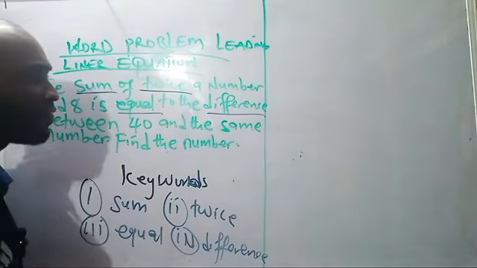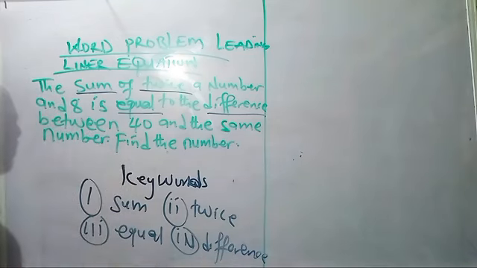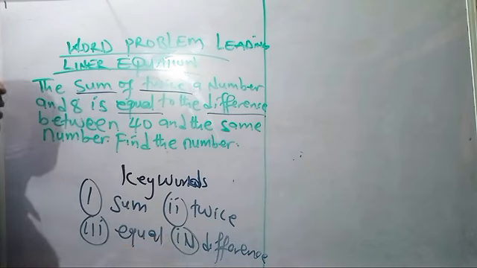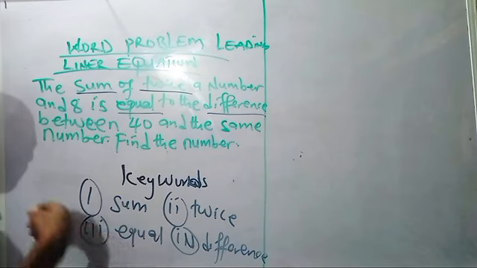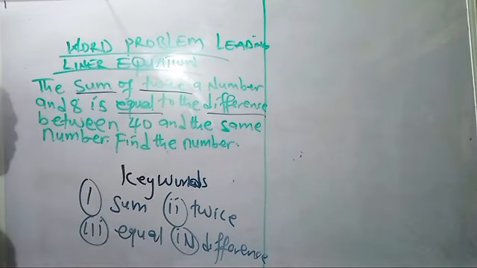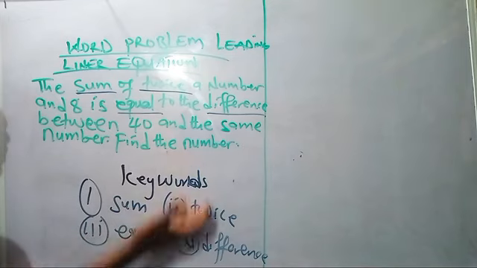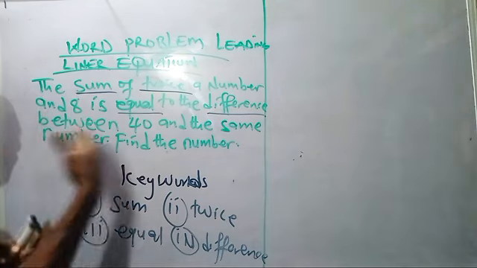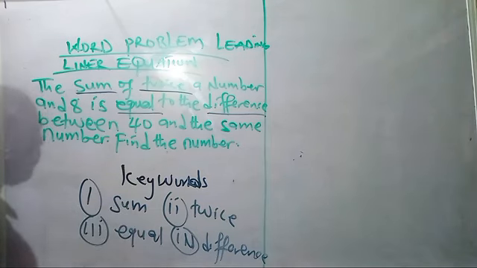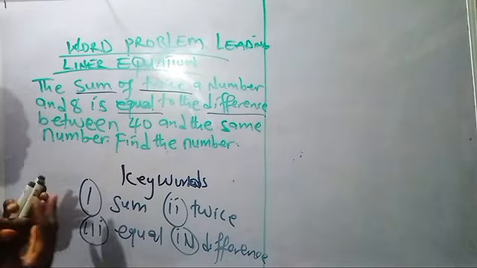Whenever you have a problem like this, as I explained, read the question 2 or 3 times before identifying the keywords involved in that word problem. After you identify the keywords, the next step is to define the variable.